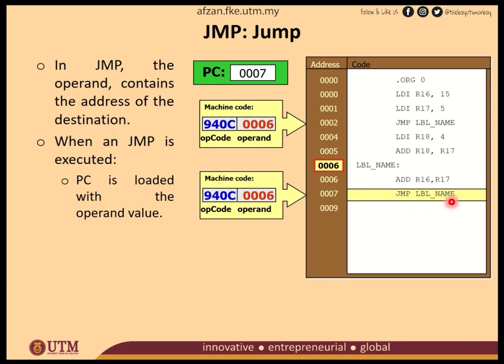What is the label name here? What is the location of this label name? The location of our label name is address 006. So this 006 will be put inside your program counter, your PC, and then the PC goes to address 006, and it will keep repeating, depending on your programming.